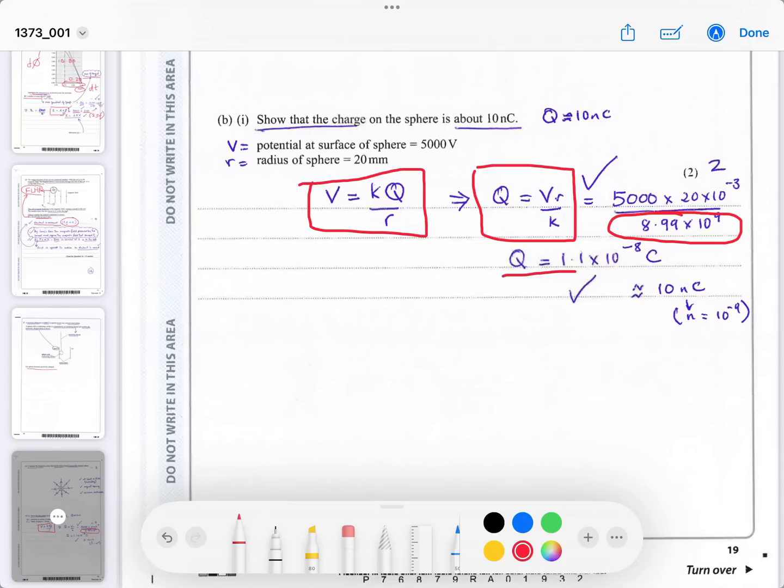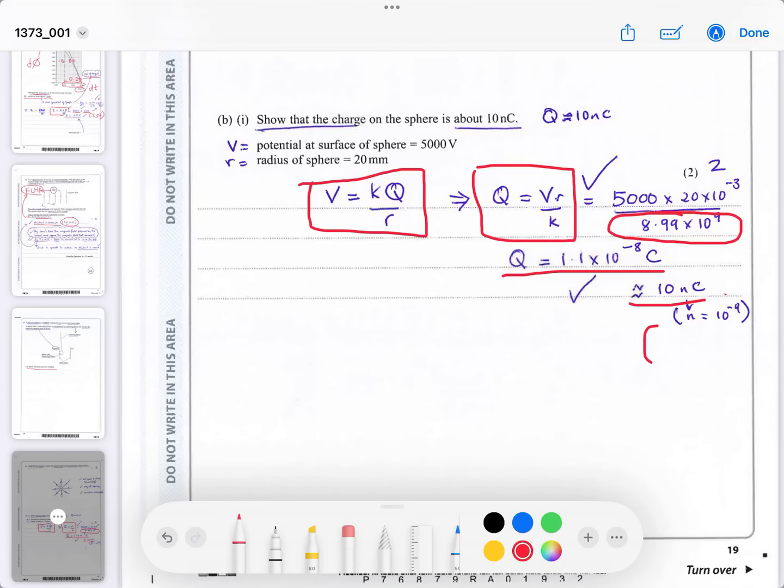You'll get the charge will be 1.1 times 10 to the minus 8, which is approximately 11 nanocoulombs, which is approximately 10 nanocoulombs if you're doing it to one significant figure. One significant figure is what they want you to do it to, because they're saying about 10 nanocoulombs.